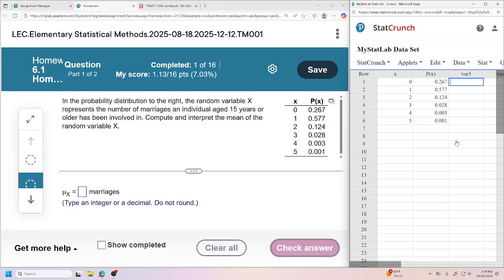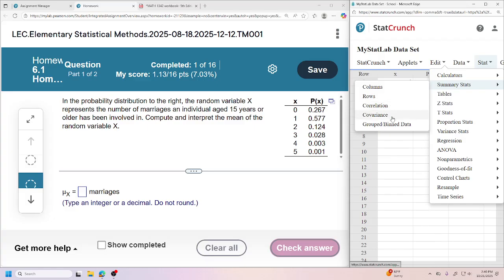So 0.267, there's 3 decimals there? Yes. All right, cool. 3 decimals, 3 whole numbers. So 267, 577, 124, 028, that's okay, 003, 001. I'm literally just typing 3 digits, 3 decimals.